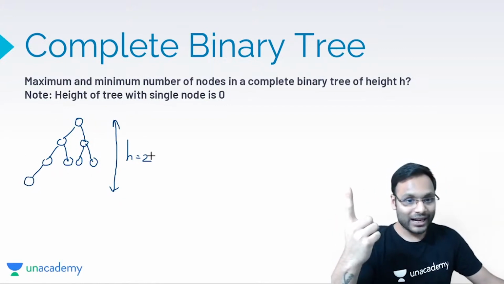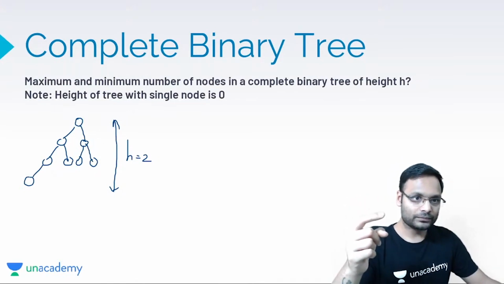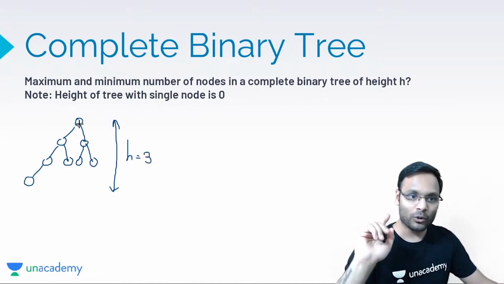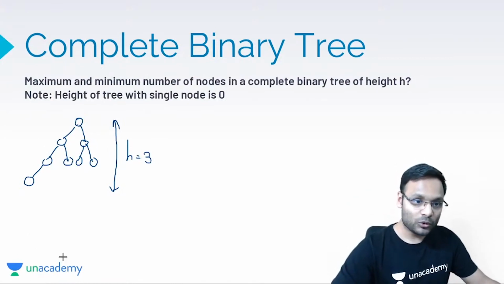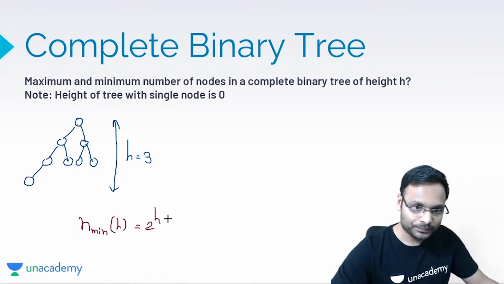Height is equal to 3: 0, 1, 2 and 3. Minimum nodes: 1, 2, 3, 4, 5, 6, 7 and 8. So minimum nodes with height h is equal to 2 power h.